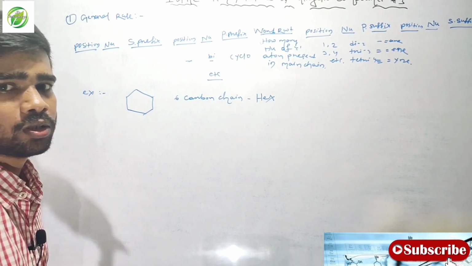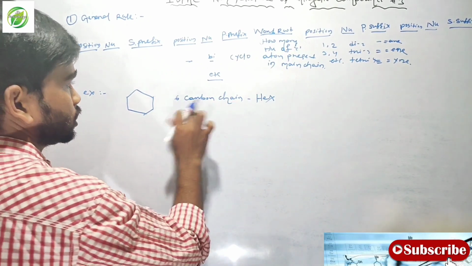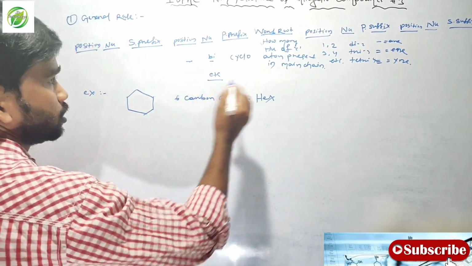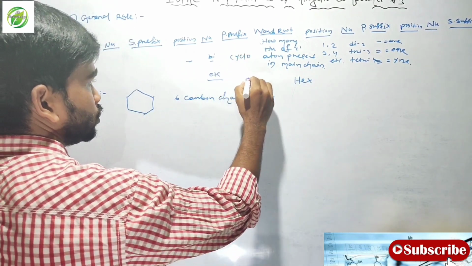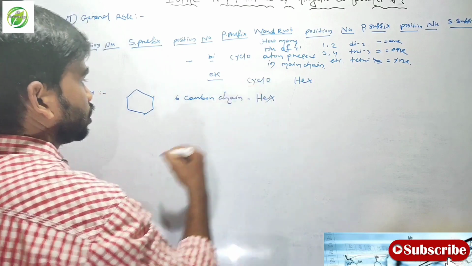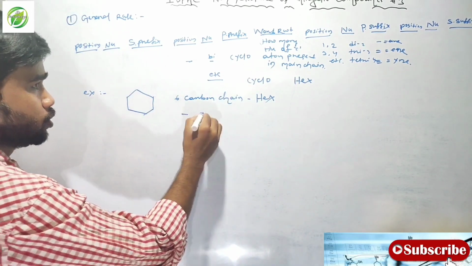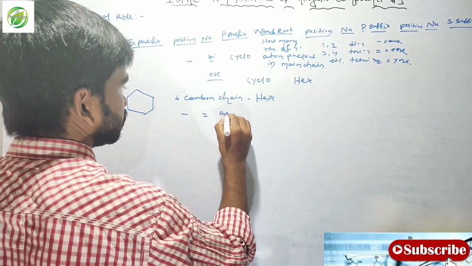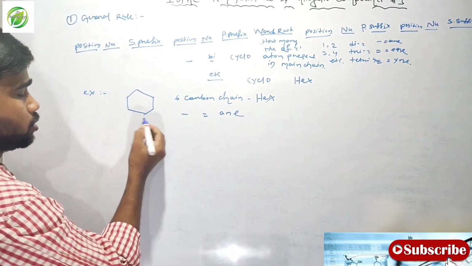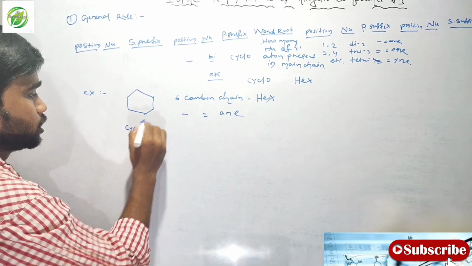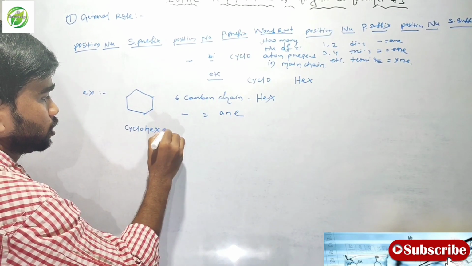We already discussed this in our previous lectures. For a cyclo compound, we use cyclo. All bonds are single bonds, so we use ane. The resultant name of this compound is cyclohexane.